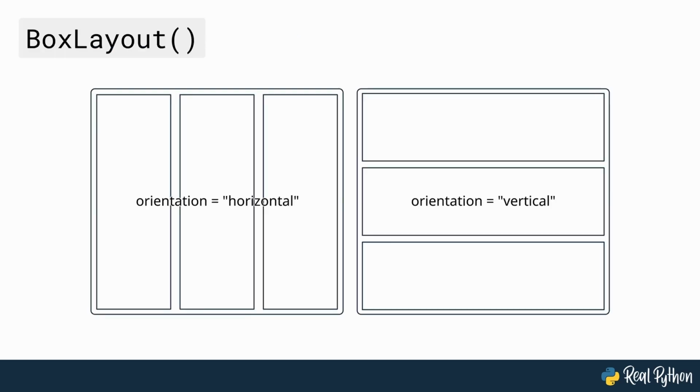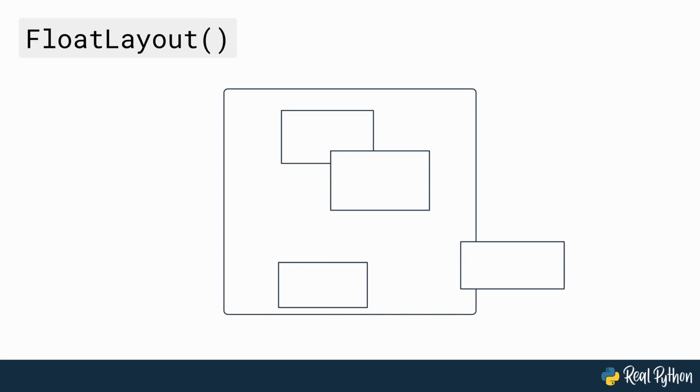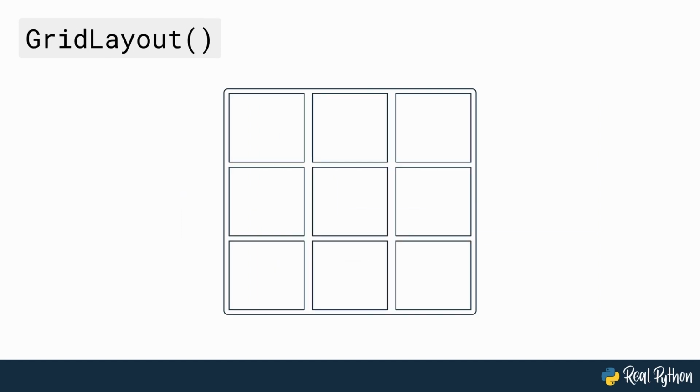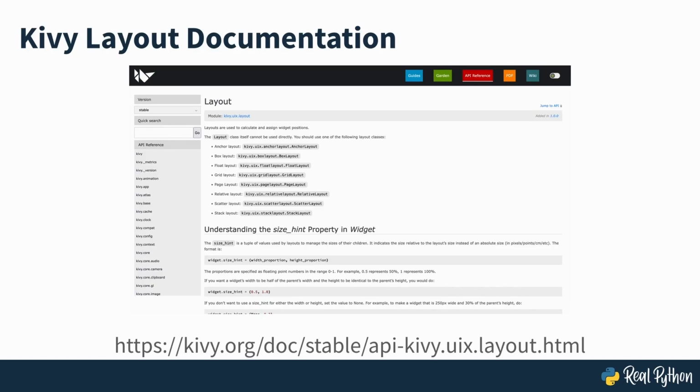There are several different types of layouts that you can use. The most common ones are box layout, float layout, and grid layout. Kivy's documentation will give you a full list of available layouts. Here you'll try out box layout with the code that's seen on screen.